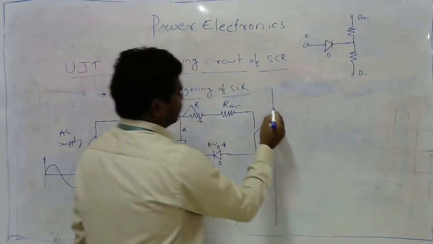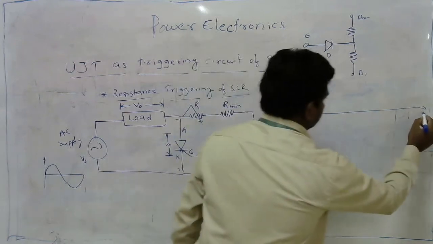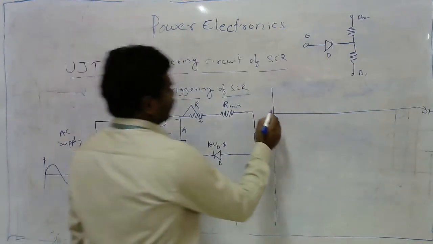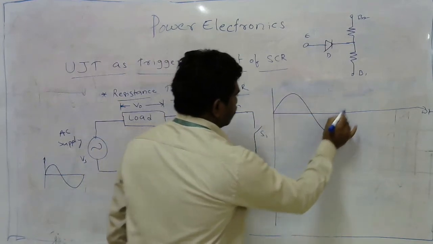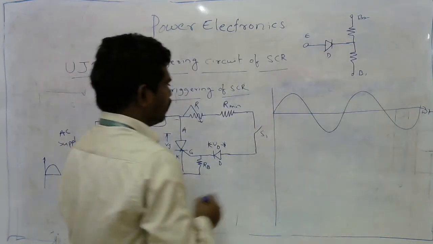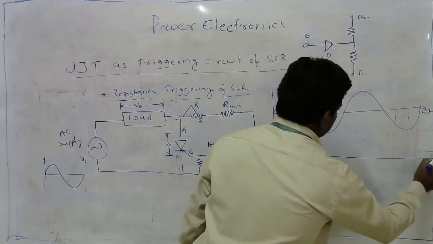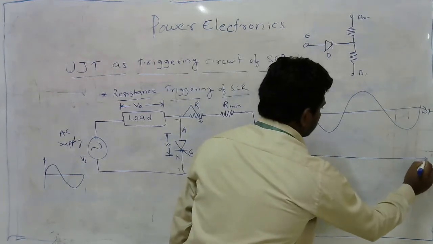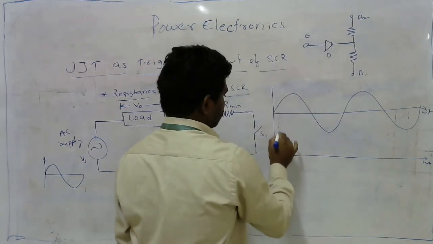So first we'll draw omega t, because it is an alternating quantity. First we will draw the input supply, an alternating quantity, then the output voltage against omega t, based on the alpha values.